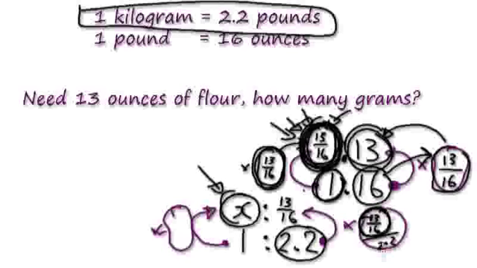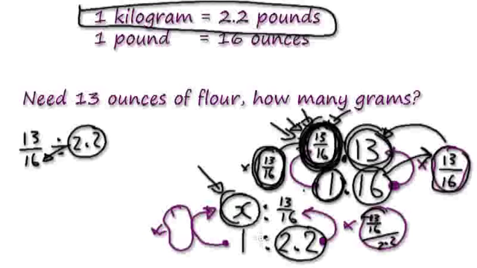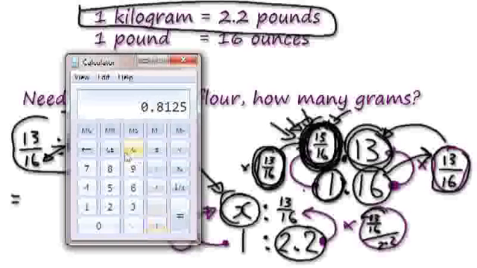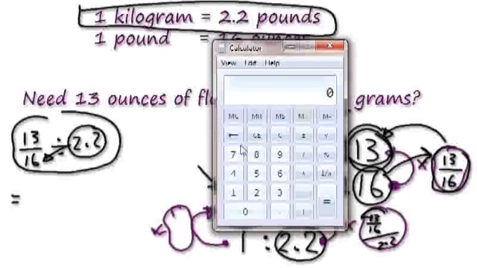So let's tidy this bit up. It's basically a number divided by 2.2. At the moment we've got 13 over 16 divided by 2.2. Whenever you have a fraction within a fraction, when you divide a fraction, it gets multiplied to the bottom.